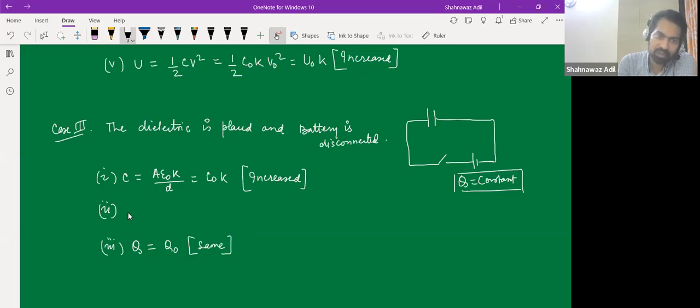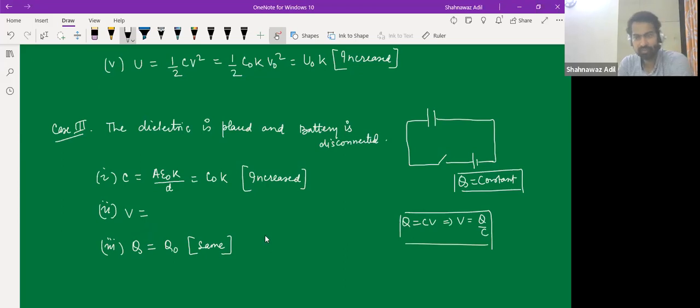Now, what is voltage? Q is CV, so V is Q by C. Again, how is Q constant? Because the battery is disconnected, whatever charge is here will not transfer.